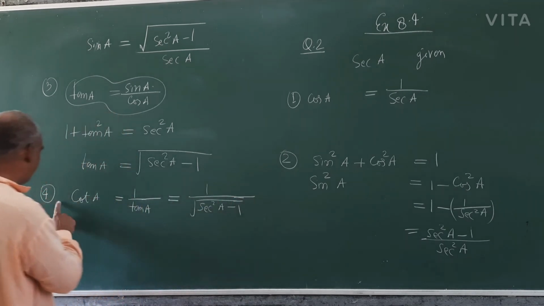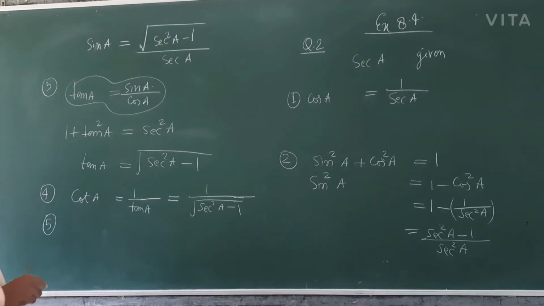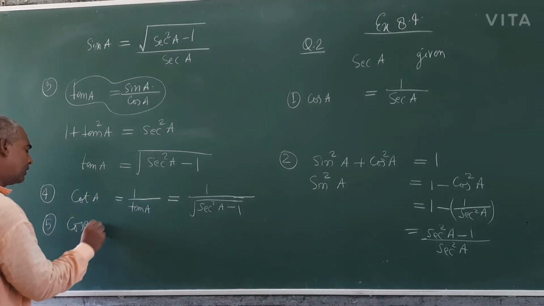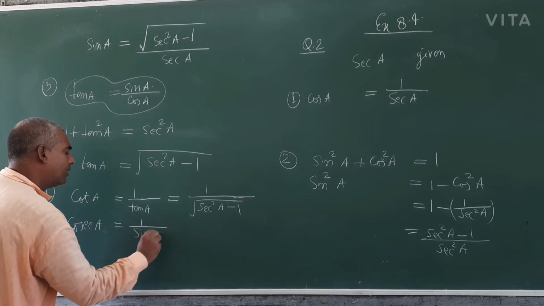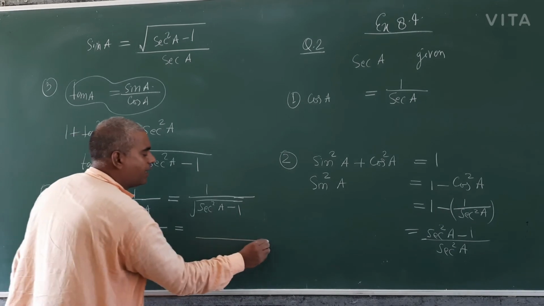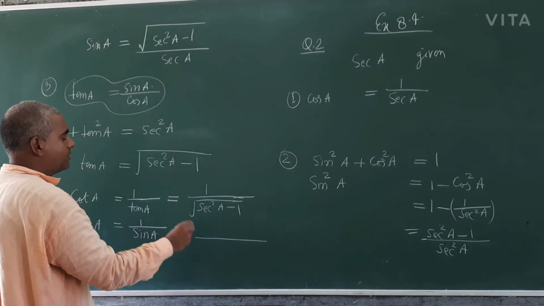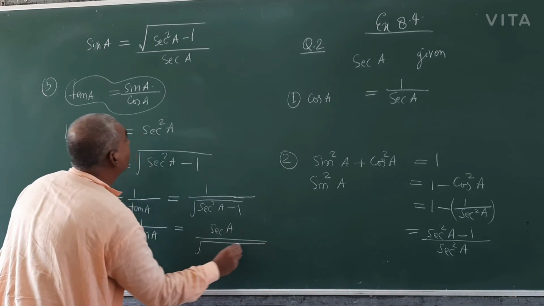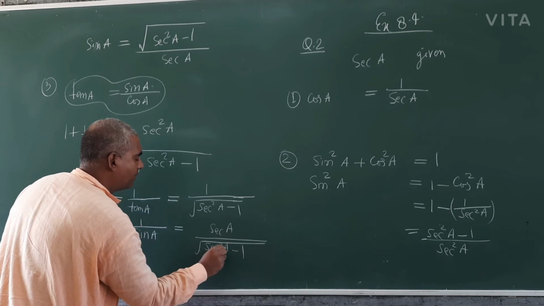This is cot A. And number 5, cosec A is 1 upon sin A, and you have got the value of sin A. So just the inverse is sec A whole divided by under root of sec square A minus 1. This way.